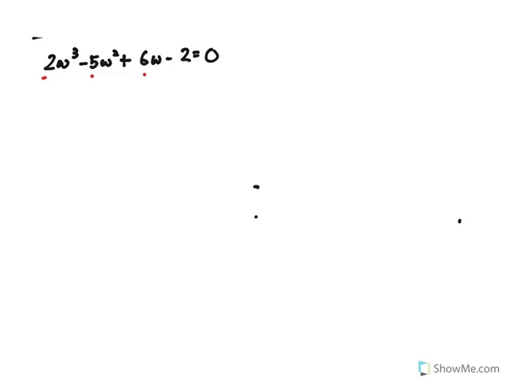So you can use the conjugate root theorem. Since the polynomial equation has real coefficients, 1 plus i and 1 minus i are both roots, because they are conjugates of each other.